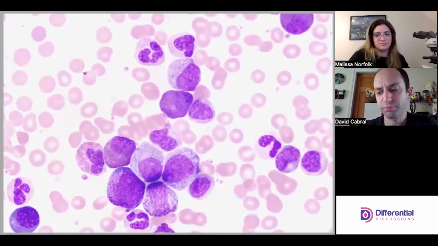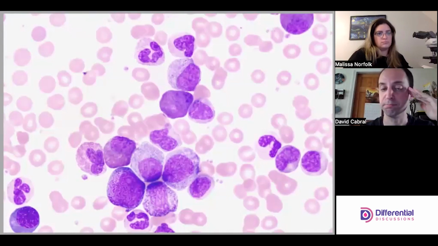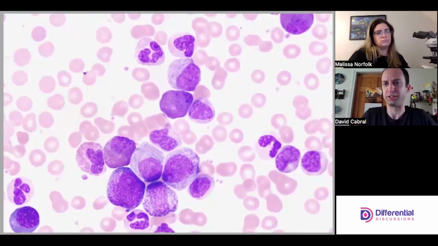Cool. So the presentation for these patients: many show up to the doctor, and maybe this gets caught totally incidentally. Maybe they're feeling a little tired or they feel fullness, right? So we see splenic sequestration, a lot of these cells getting trapped in the spleen, which causes splenomegaly and discomfort.